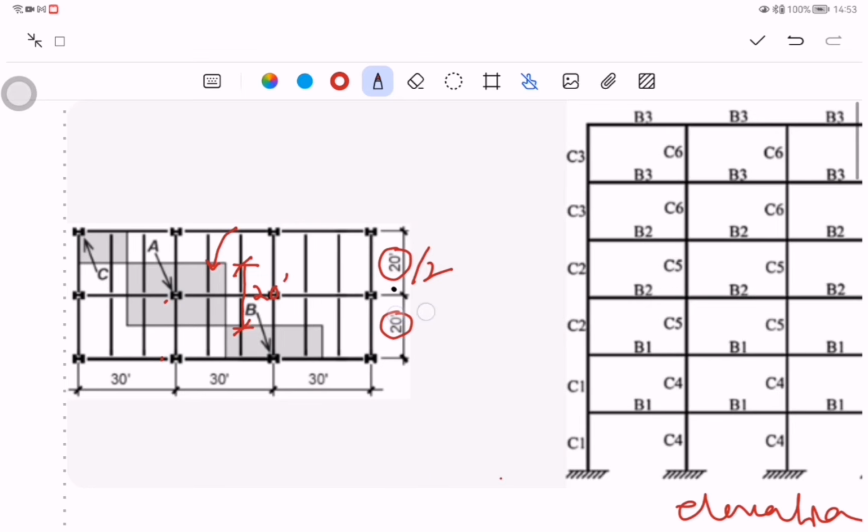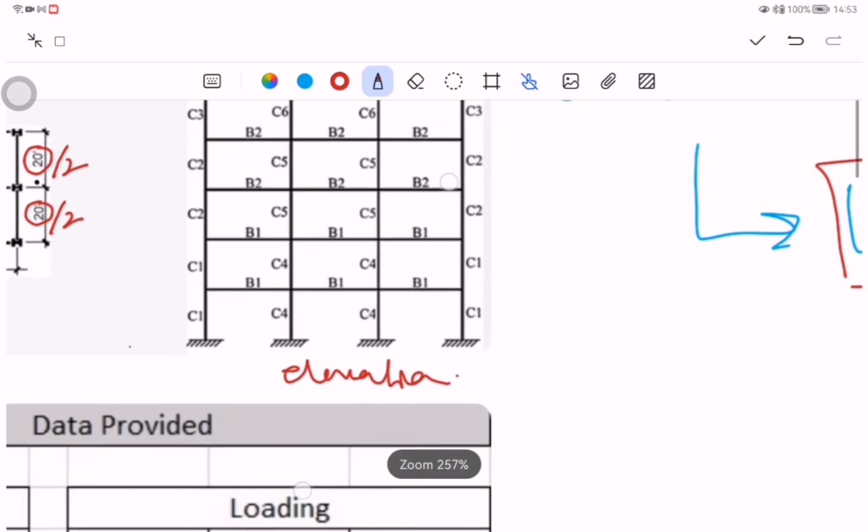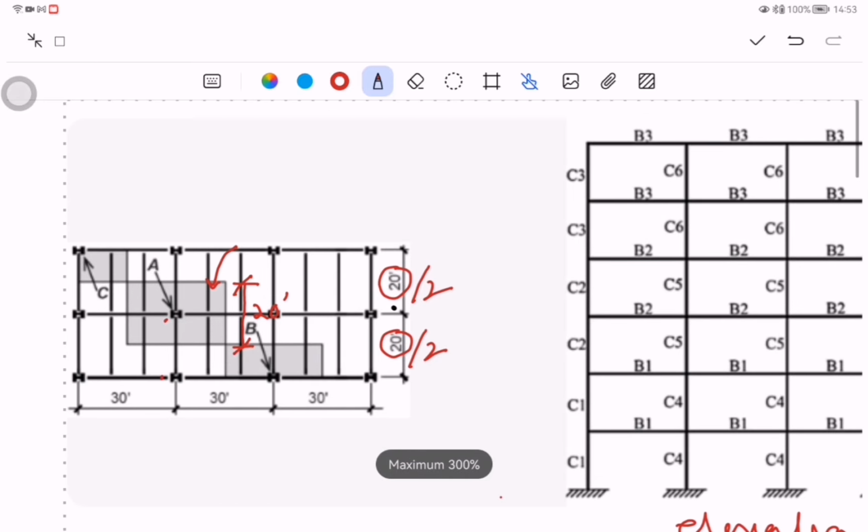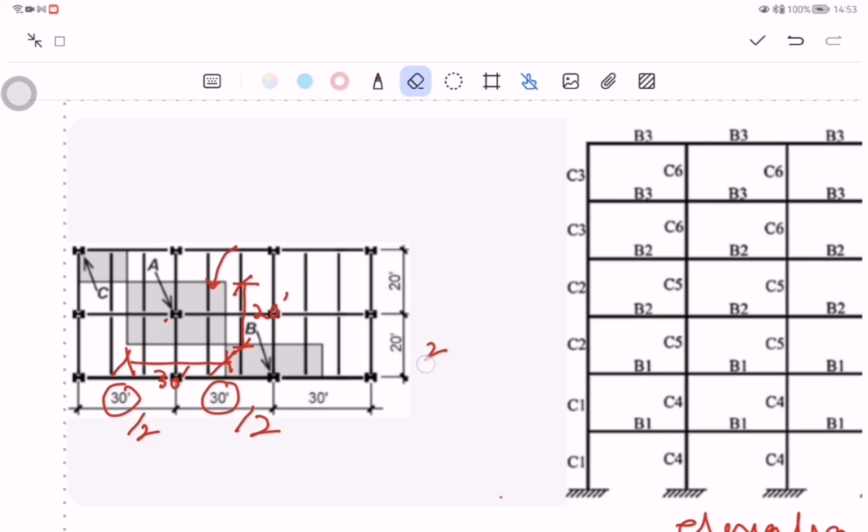If you add both, it will be 20 feet. Similarly, if we consider the half distance of this and the half distance of this, the distance will be 30 feet, right? In this fashion, we establish the catchment area.